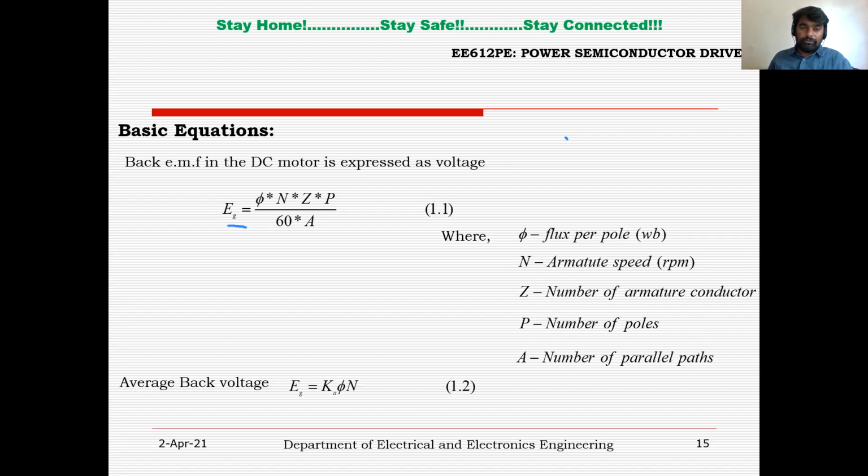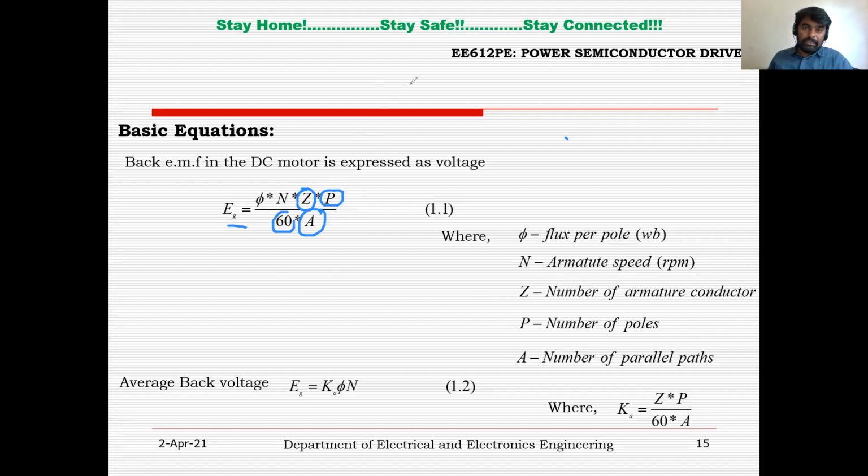If you see all these things here, for a designed machine, the number of poles is constant, the number of armature conductors is also constant, the number of parallel paths also constant, and 60 is also a constant factor.